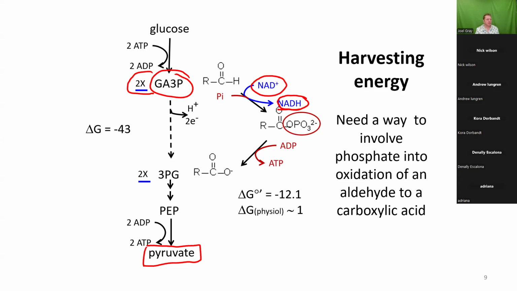So I always like to highlight this because what that means is that NADH can be oxidized. And this is one of the challenging parts of biochemistry. So NADH can be oxidized.